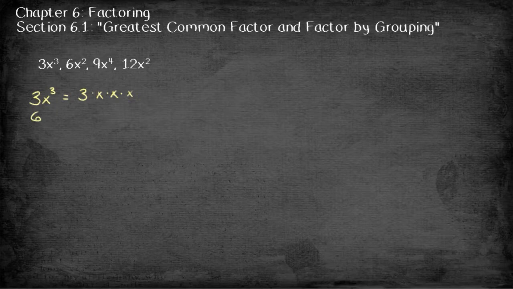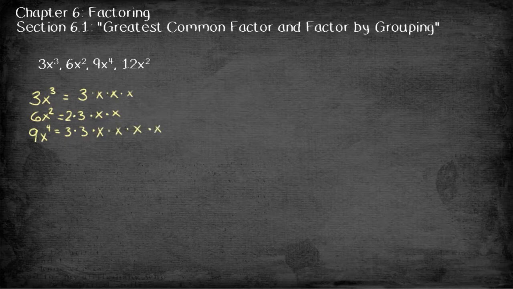Second one, we have 6x squared. And this is 2 times 3 times x times x. For 9x to the fourth, we have 3 times 3 times x times x times x times x.